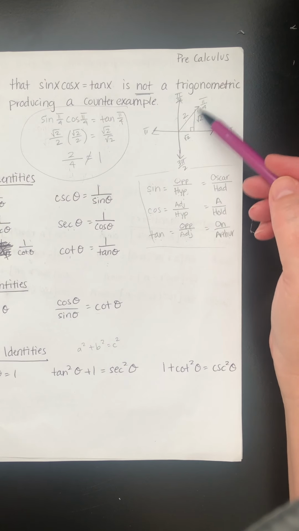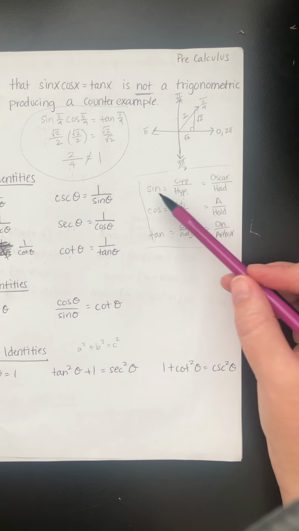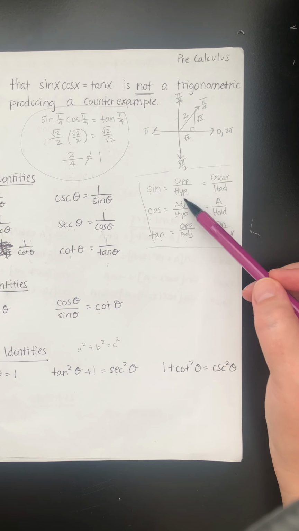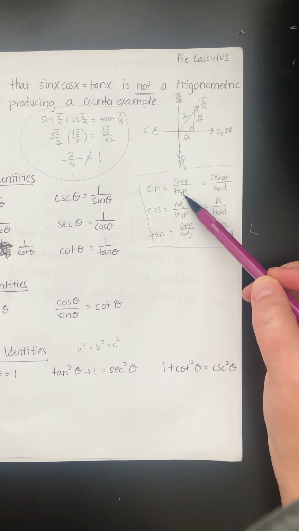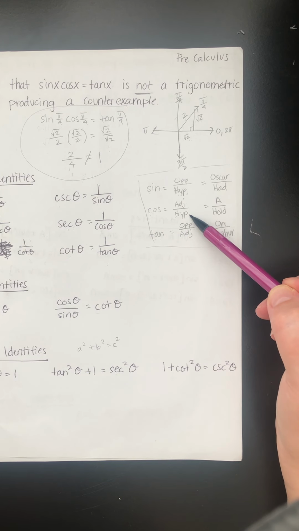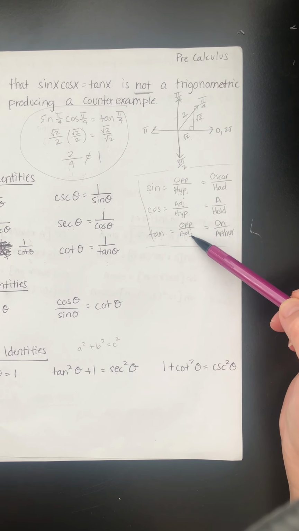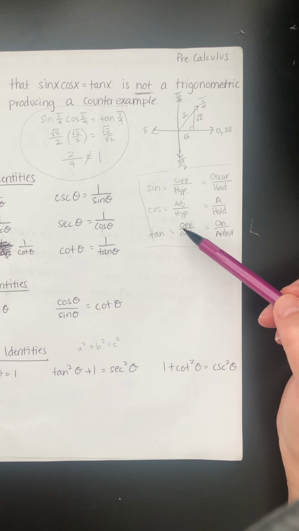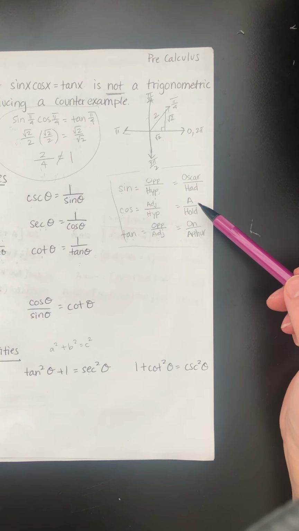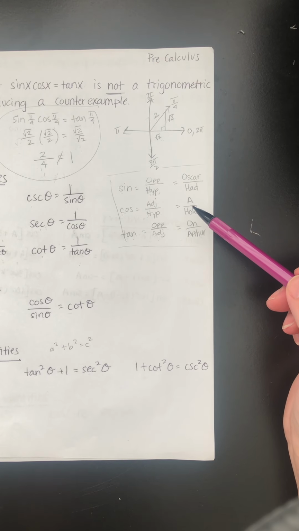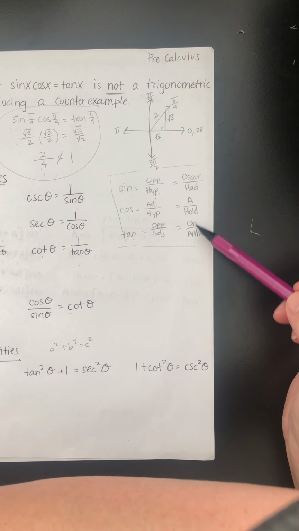Sine, if you had a reference angle, is opposite side over the hypotenuse. Cosine is adjacent side over hypotenuse, and tangent is opposite side over adjacent. If you don't have that memorized, here is a little cheating way to remember it. Oscar had a hold on Arthur.